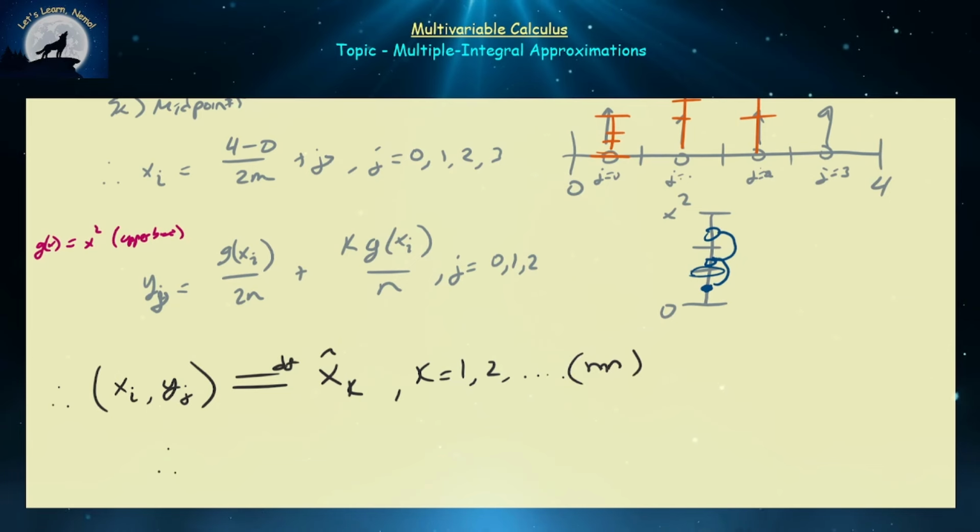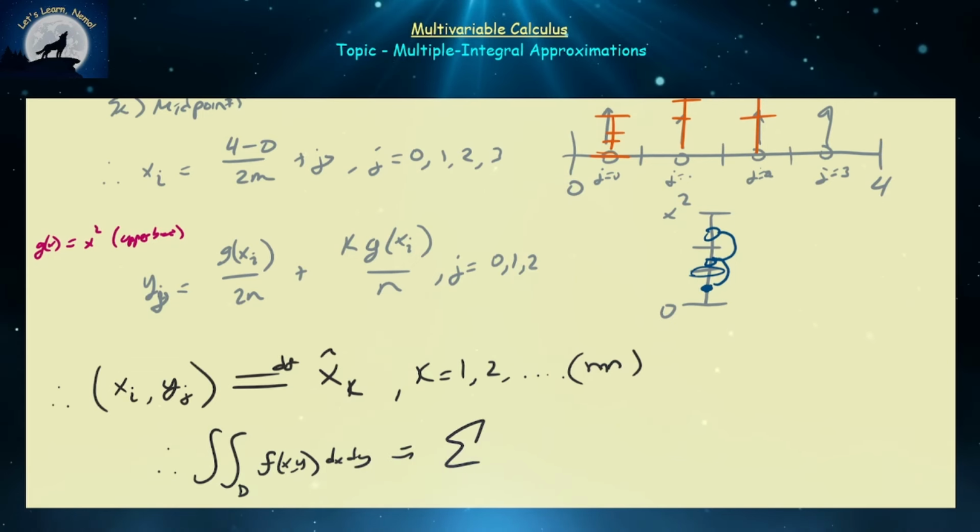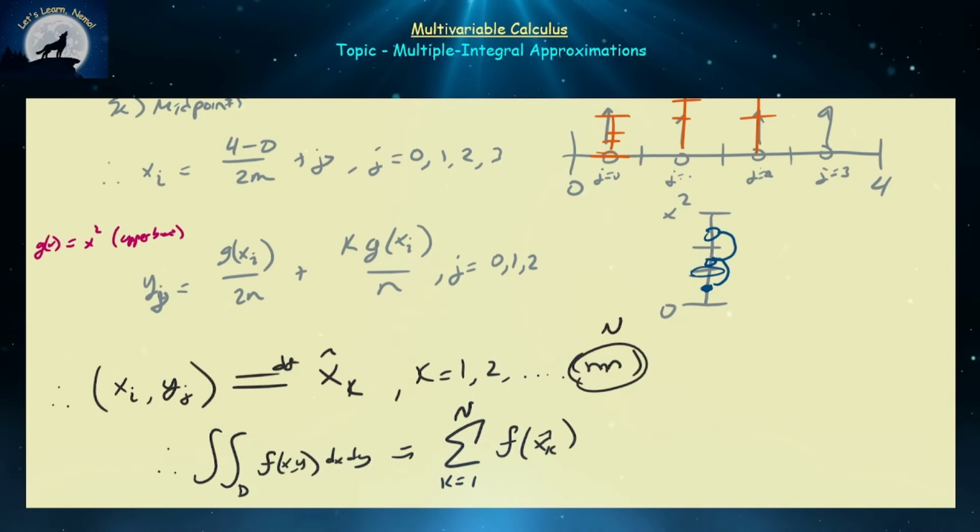And then our double integral, again, is going to be approximated. So the double integral of f dx dy will be approximately equal to the sum from k equals 1 to capital N of f of x hat k times delta x, because that's uniform, and then delta y, and let's subscript that with k, right?